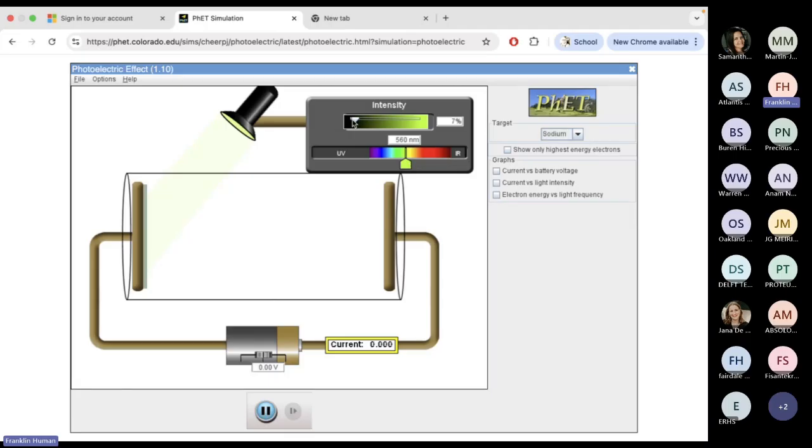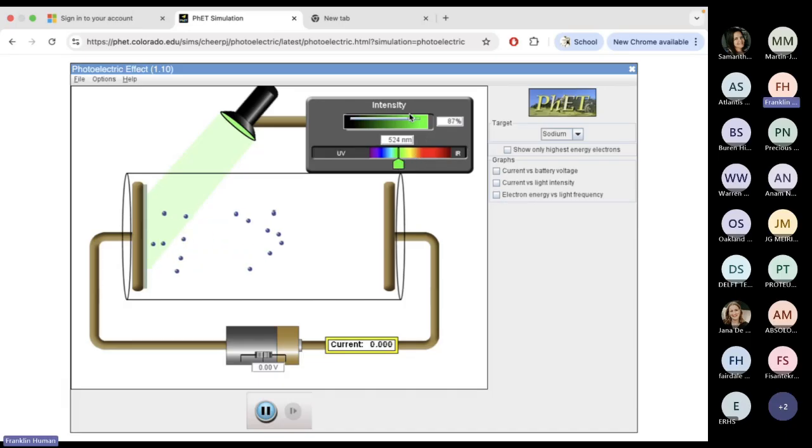If I now use the slide control and I increase my intensity of my light, I just quickly want to go back to my green light. Right.